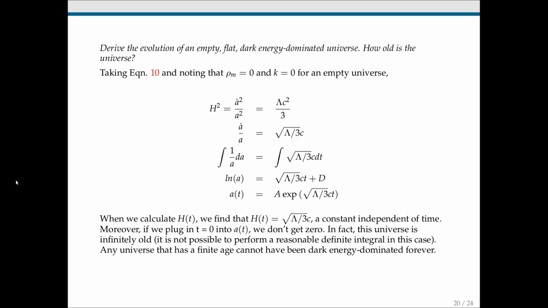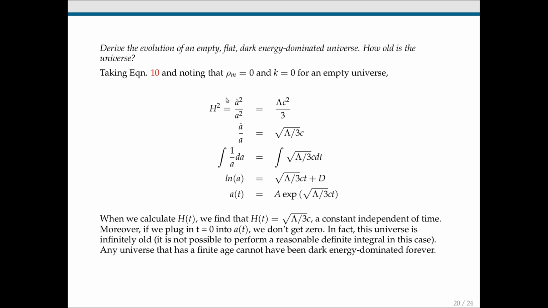Lastly, let's try deriving the evolution of an empty, flat, dark energy-dominated universe. How old is this universe? Let's take the Friedmann equation again, and note that now we set rho_m equal to 0 and k equal to 0, because it's flat and the amount of dark energy is huge compared to the amount of regular matter. So we can just assume that rho_m doesn't really matter in our universe.